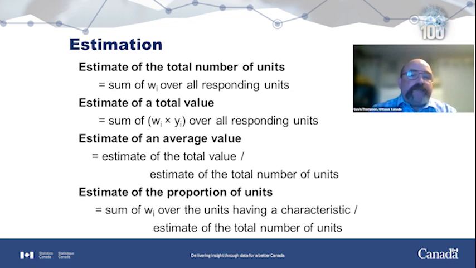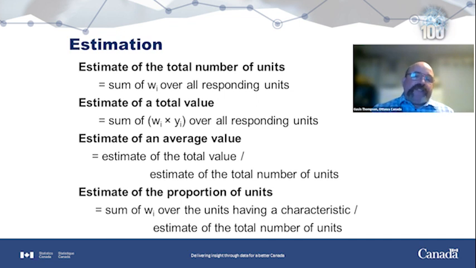We may want to estimate the total value of something, so we multiply the weight of each unit by the value of each unit. For example, let's say I represent 32 in my age-sex group, male, and we look at my income and multiply it by 32 to get an estimate of my representation of the total for that group.